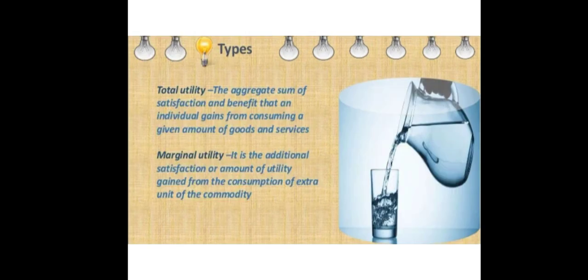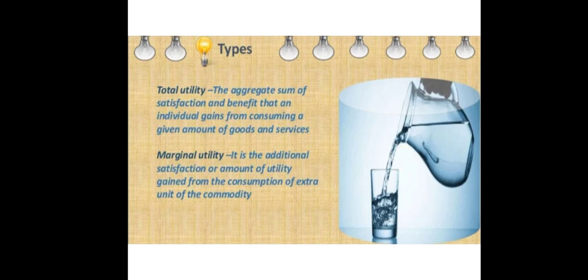Now there are two types of utility, total utility and marginal utility. What is total utility? Total utility means the total of the satisfaction I got from consuming the given amount of goods and services. Suppose there are two goods which I have consumed.